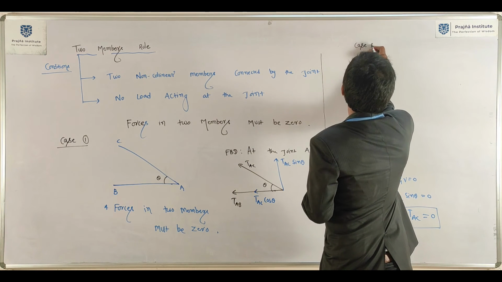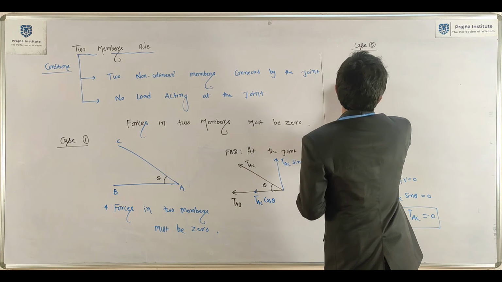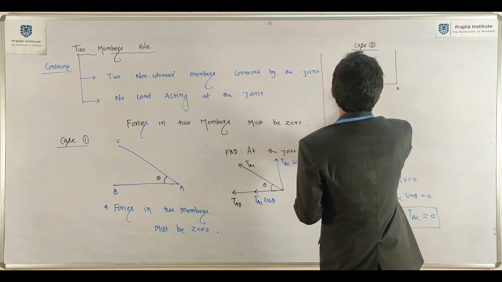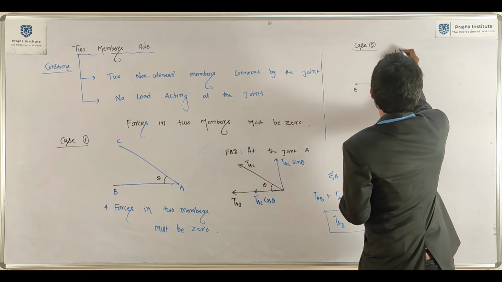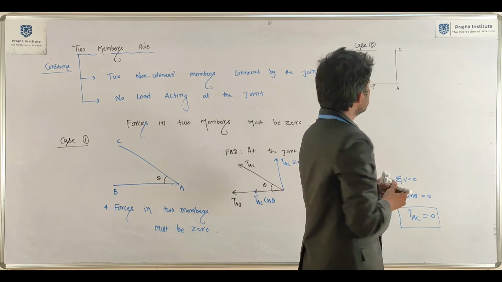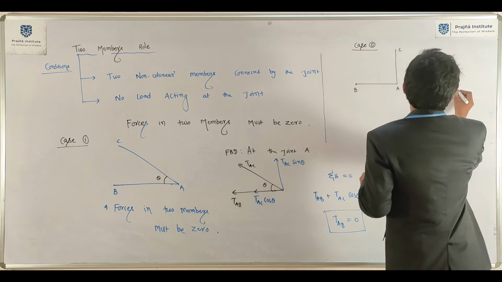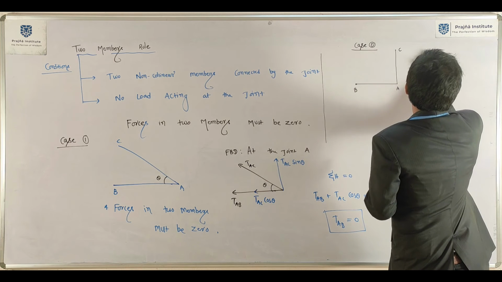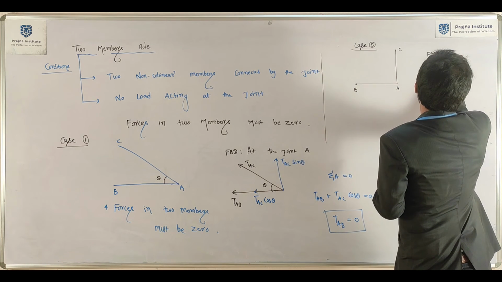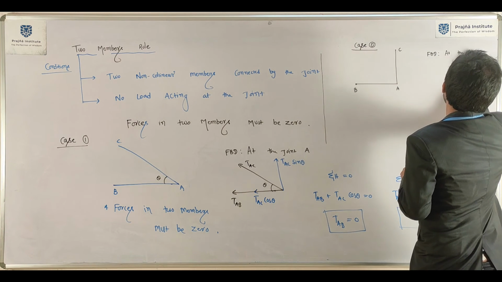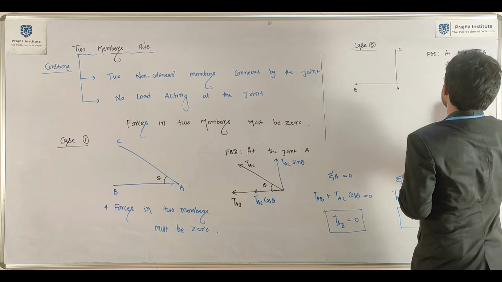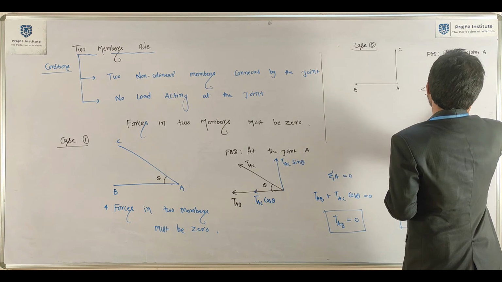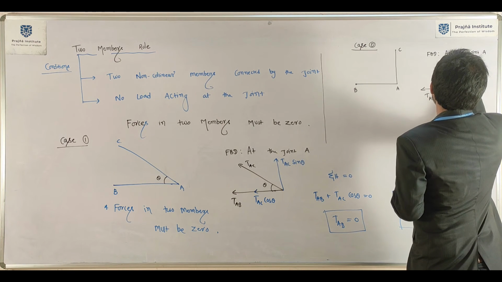Case 2. If you see like this, two members are like this: A, B and C. No doubt, you will directly get it now. So what is the free body diagram at the joint A? Here it is TAB, TAC.